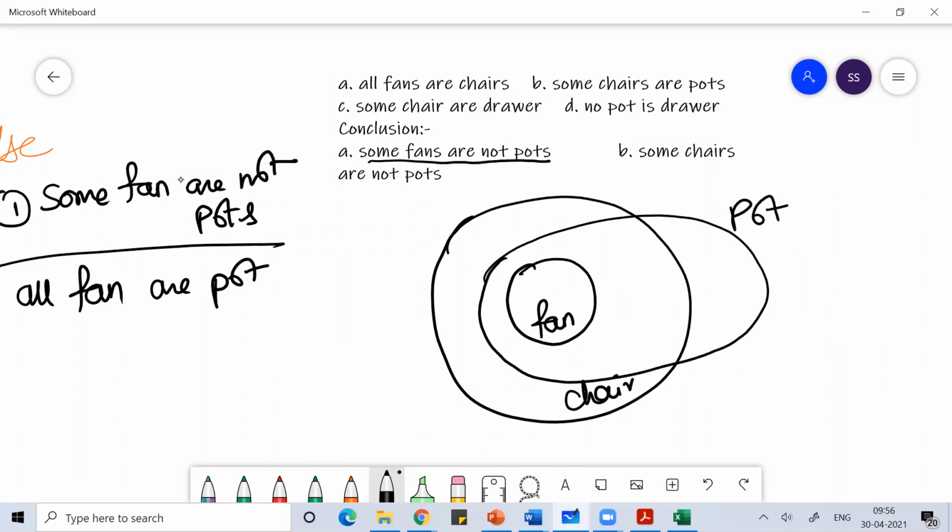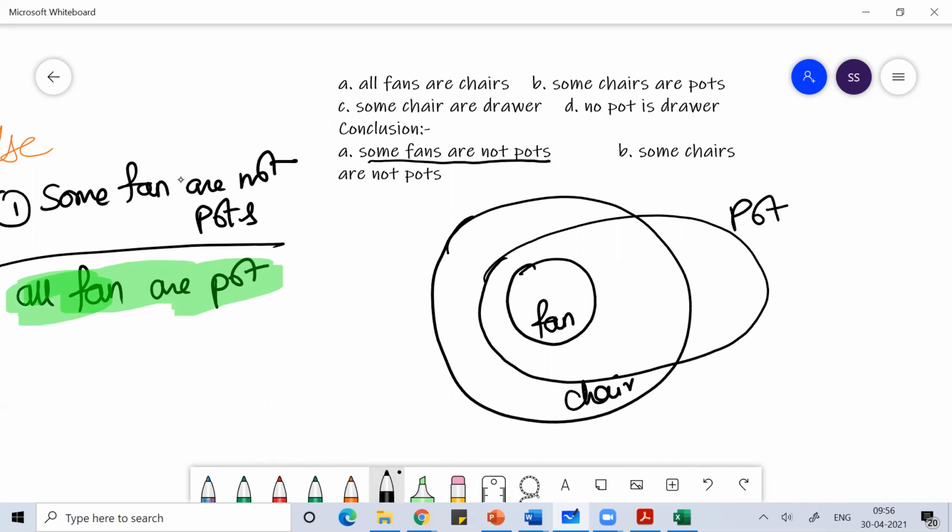Can I draw the diagram like this? Yes. Sir, why are you drawing the diagram like this? Because I need to test this, test whether all fan are pot. That's why I'm trying to make sure my diagram does not violate any statement. So some chair are pot, correct?